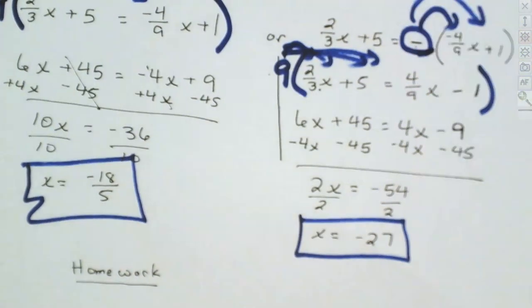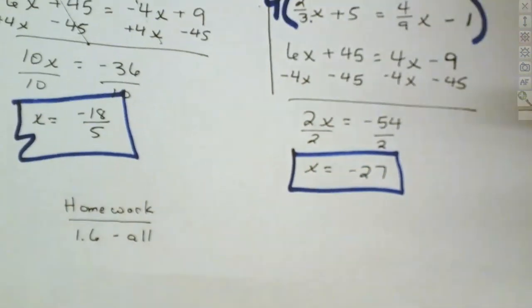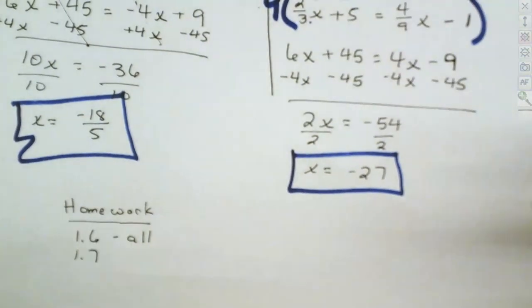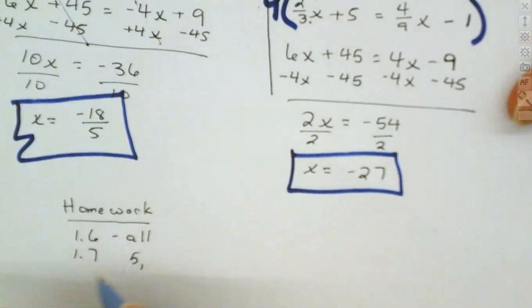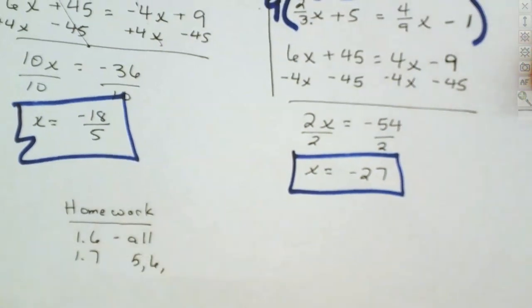So what did we cover today for our homework? We covered 1.6. You can do them all. Right? So you can do all of 1.6. For 1.7, let's talk about which ones you can do here. You can do a few of these. You can do question 5. That's an equal sign. You can do question 6. We'll talk about 8 next time.